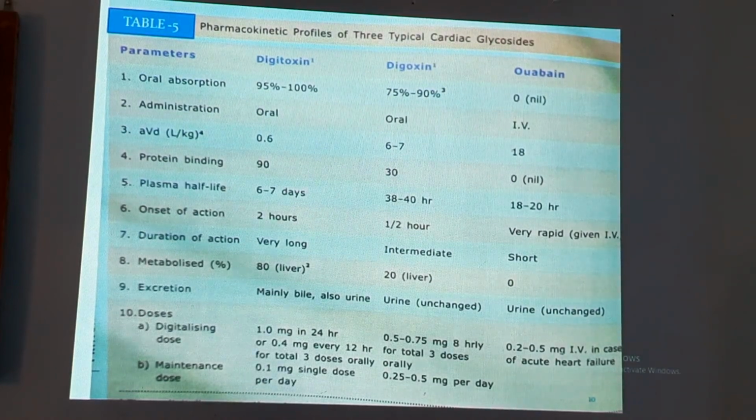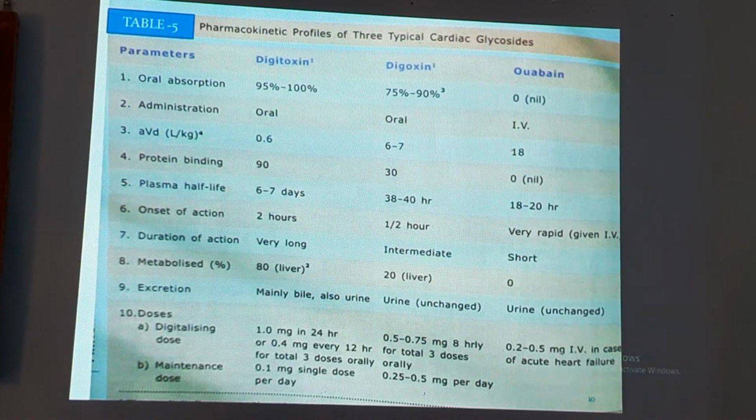Dose: digitalizing dose, that is loading dose, is 1 mg in 24 hours or 0.4 mg every 12 hours for a total of 3 doses orally for digitoxin, followed by a maintenance dose of 0.1 mg single dose per day.